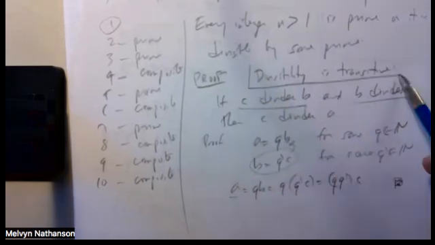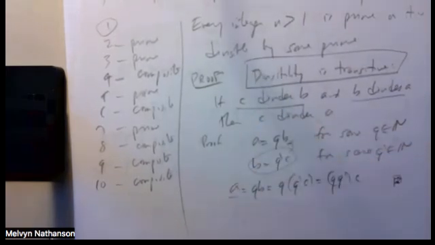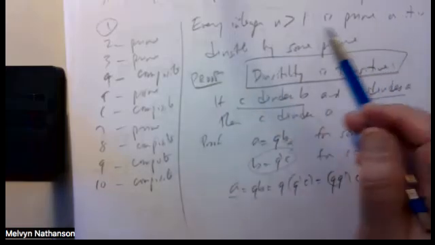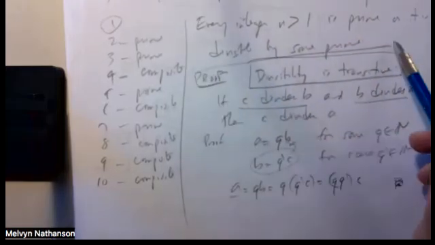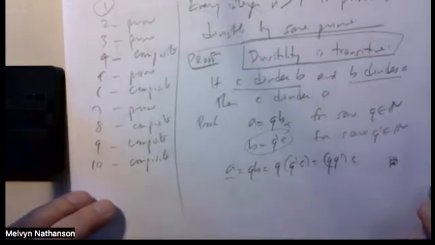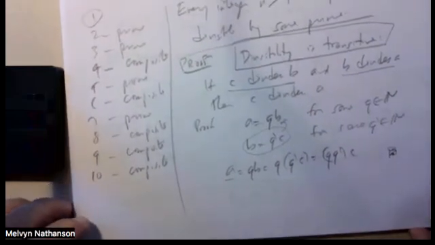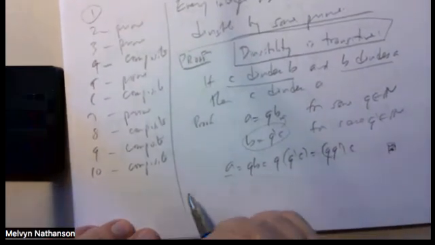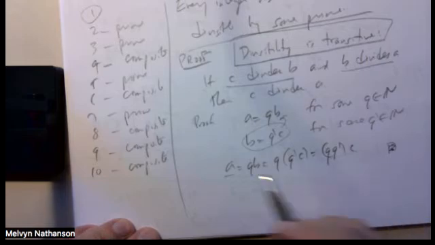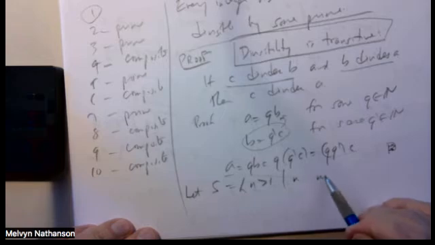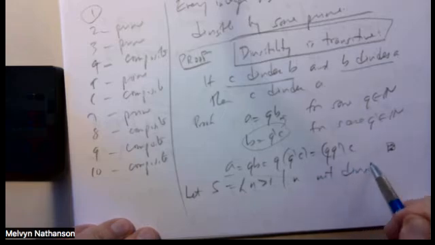And how can I use that to show that every number is divisible by a prime? So every number bigger than 1. Suppose we let S be the set of all integers bigger than 1 and not divisible by a prime.